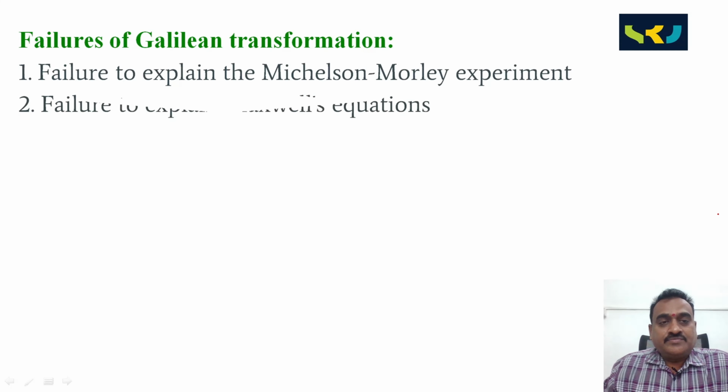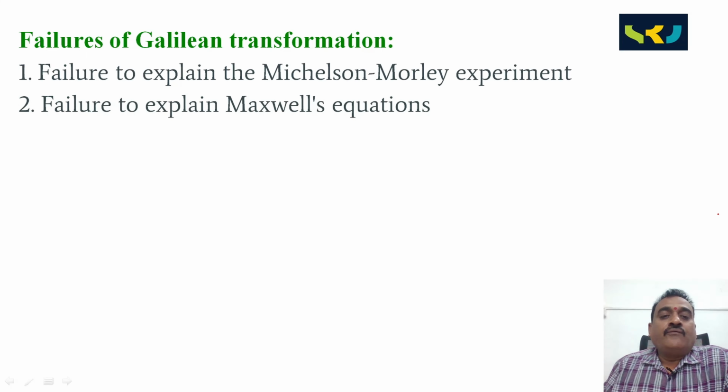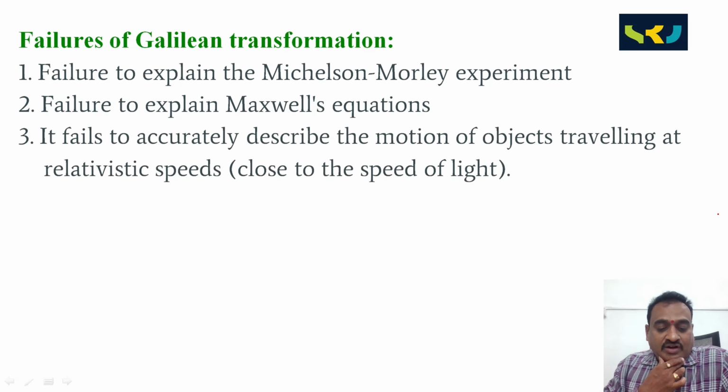So this is the second one, failure to explain Maxwell's equations. So, failure to explain the Michelson-Morley experiment, and second, failure to explain Maxwell's equations. Third one, you can see here, it fails to accurately describe the motion of objects traveling at relativistic speed, that means close to the speed of light.